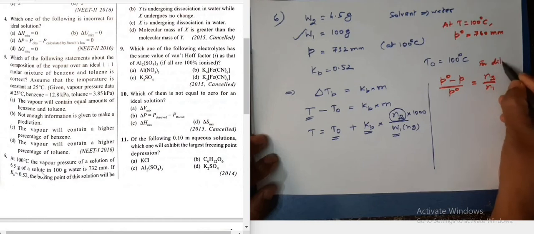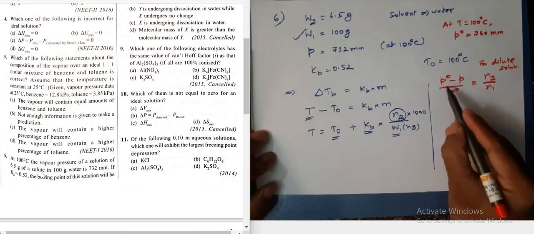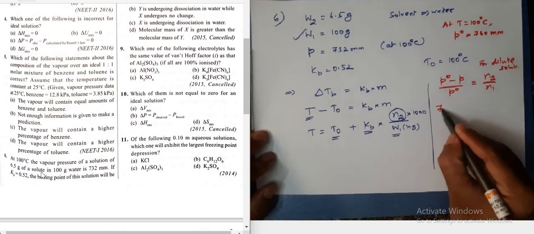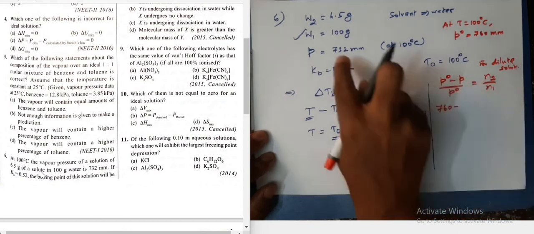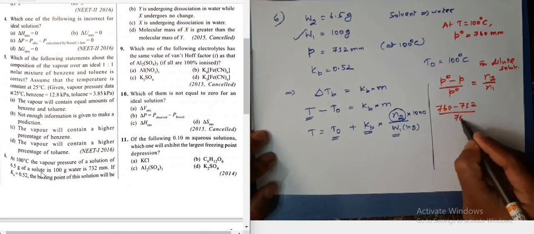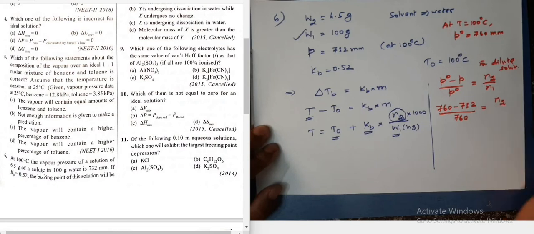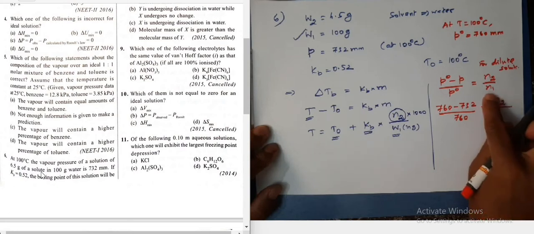For dilute solution, this we know. What is P naught? P naught is 760. What is P? P is 732. So 732 by 760 equals number of moles of solute, that we don't know, let it be N2, by number of moles of solvent.